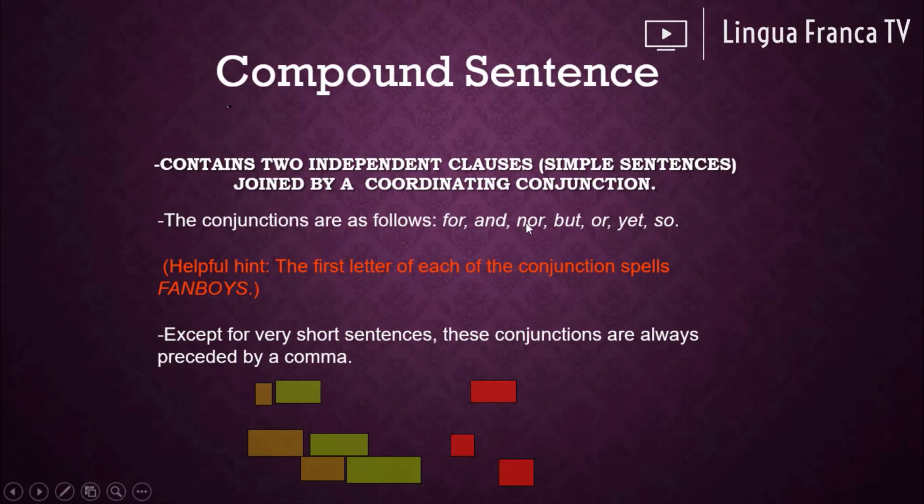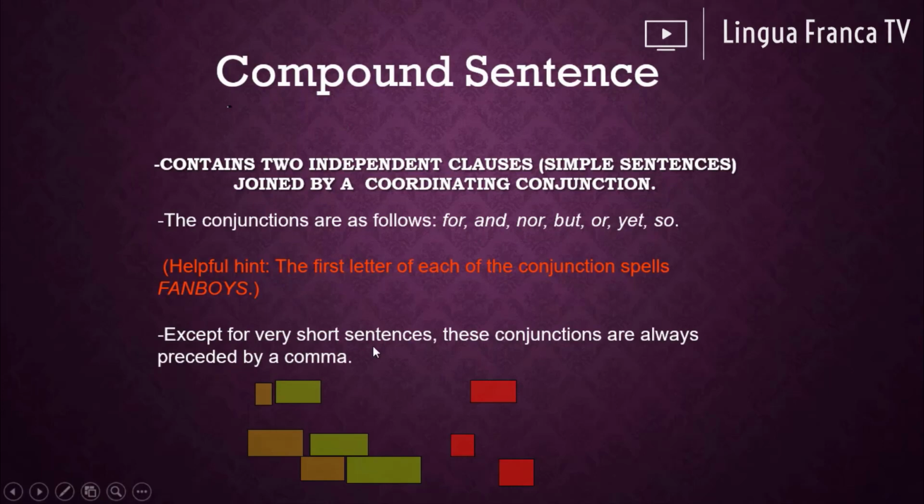They are also called FANBOYS, right? The acronym FANBOYS is made of all of these. So wherever you find these coordinating conjunctions joining the sentence, and on both sides you find independent clauses, that would be a compound sentence.